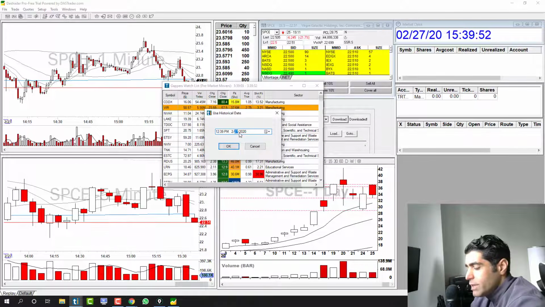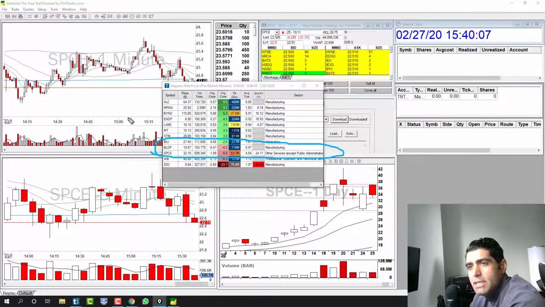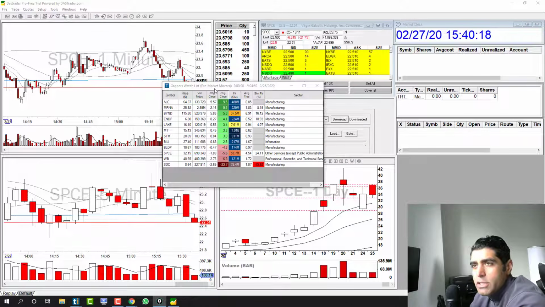We want to go to the 26th, and by 9 a.m. in the morning, I want to see. Yes, SPCE was gapping down here, so we already had that. Again, you can go and see the pre-market show that Norman Carlos did. SPCE was already down 6%. The float is amazing, and the price range is really good, $32.